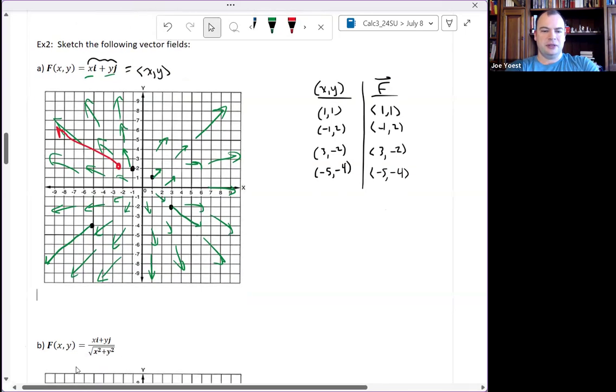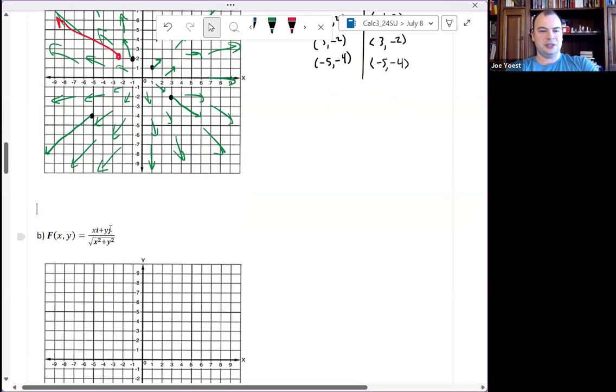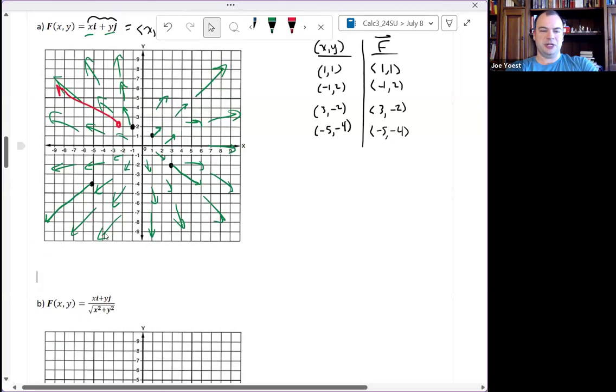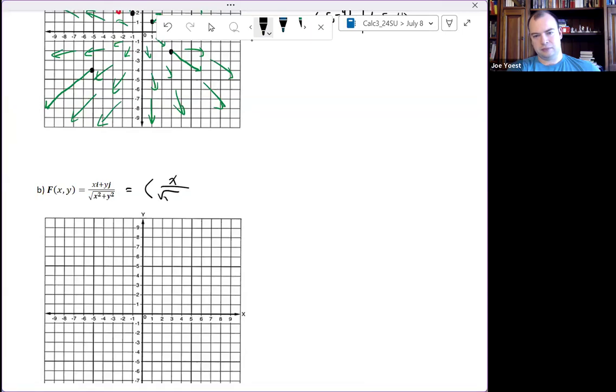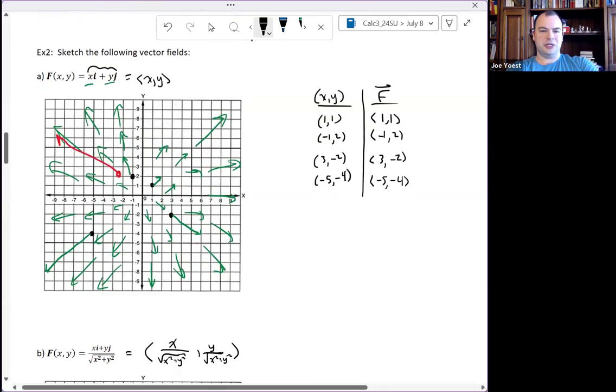Now, what would this vector field look like? F of x, y equals x i plus y j, very similar to this one, but then divided by the square root of x squared plus y squared. Well, this seems like it's qualitatively pretty similar to the last one.